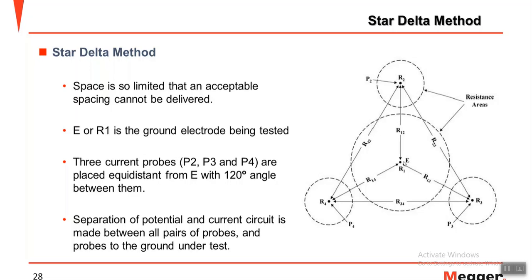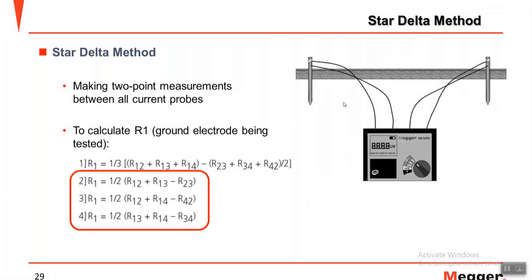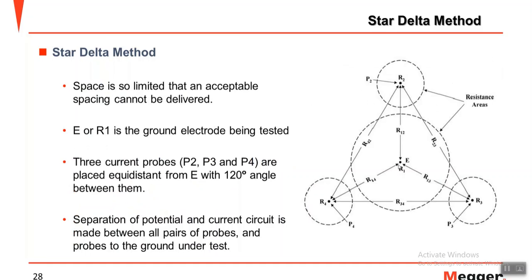For example, if you want to measure R13, R13 means from this point to this R3. So you can take the measurement using the two-pole method, like this. And then you get R13 and continue to the other measurements, R14, R12.